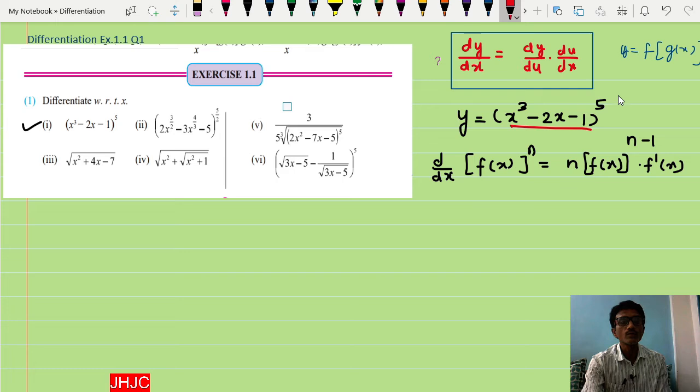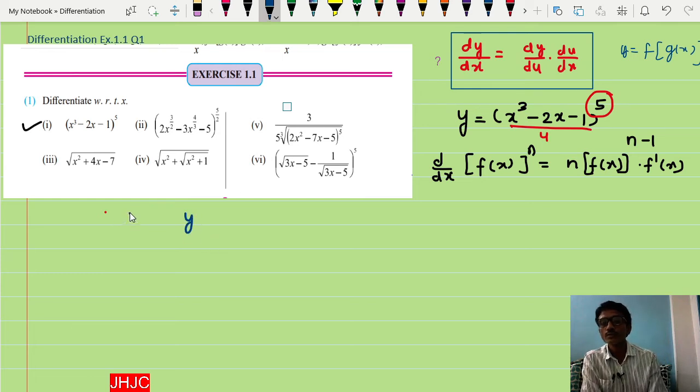So y is equal to u raised to power n, and the derivative of y with respect to x is dy by du into du by dx, or n f x raised to n minus 1 into f dash of x. What is our n here? n is 5, and this is u. So let's solve this. First sub question: y is equal to x cube minus 2x minus 1 raised to power 5, and we are differentiating with respect to x.